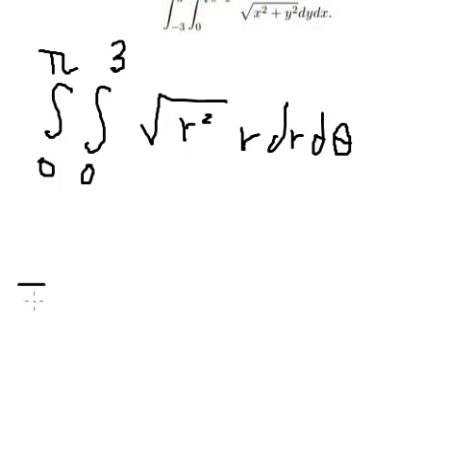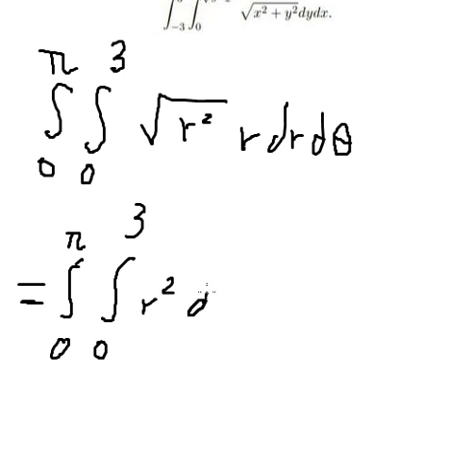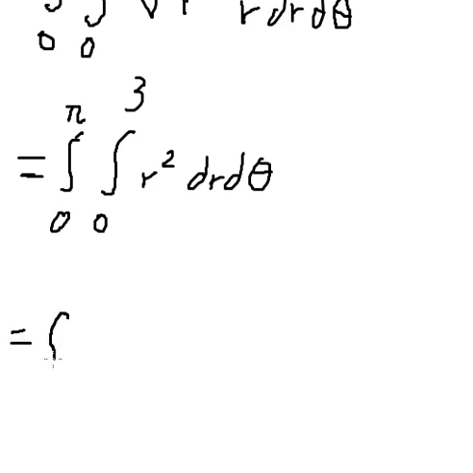Now we calculate this integration in here. The square root of r squared is r, and r times r gives r squared. The integration of r squared is r to the power of 3 over 3, and we put the bounds from 0 to 3.